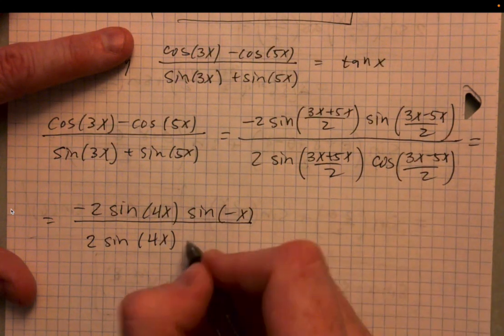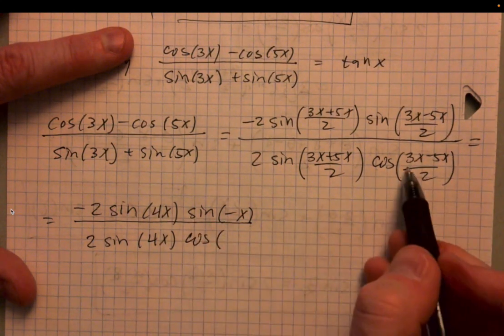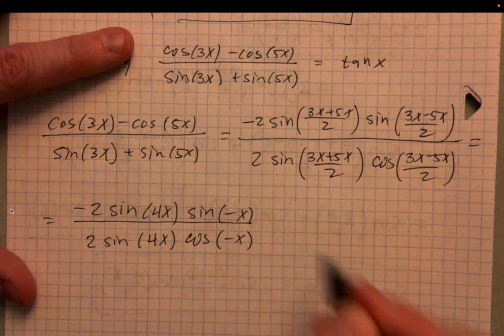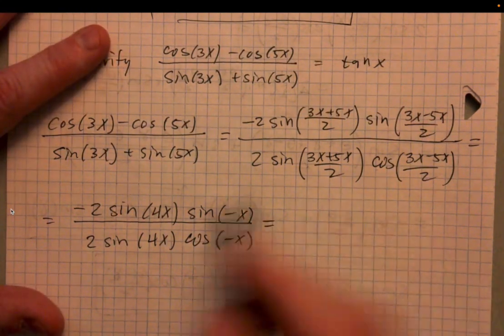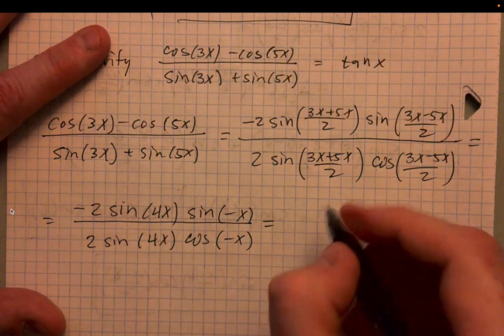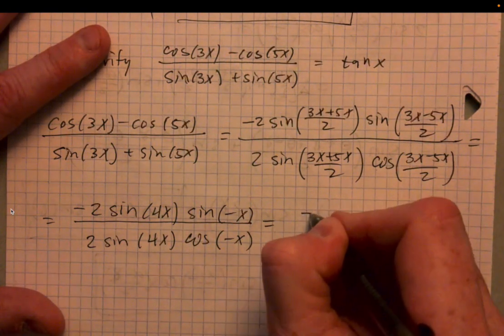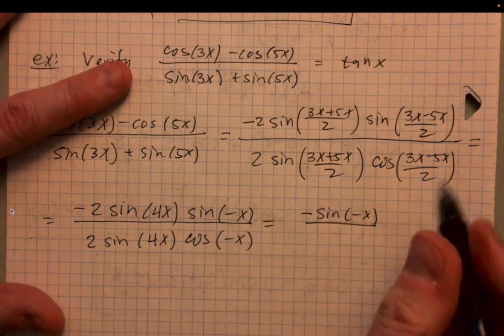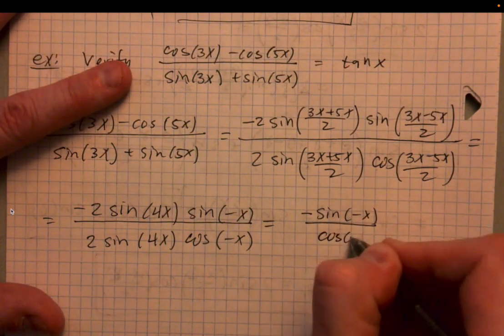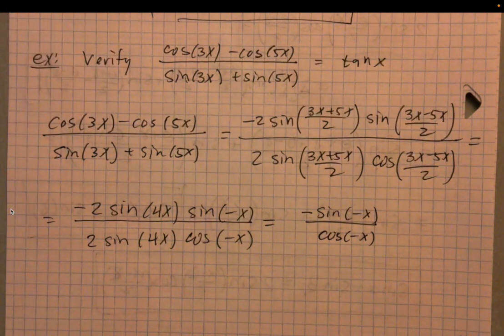And then this will be the cosine of another -x. Okay, so I end up with this. And so I could simplify this. The 2's cancel, the sine functions cancel, and on top I get negative sine of -x and then below I get cosine of -x. So it simplifies down a lot.